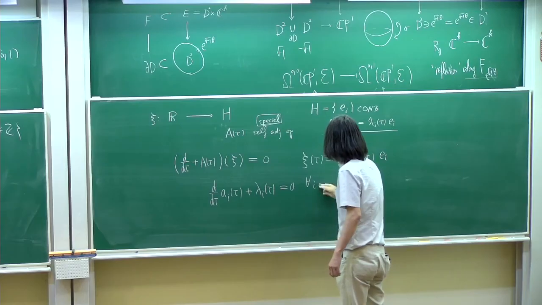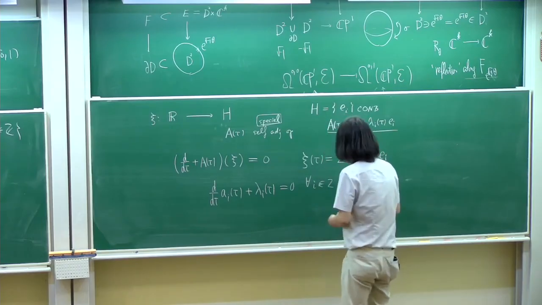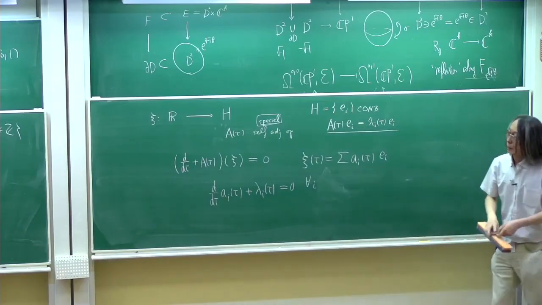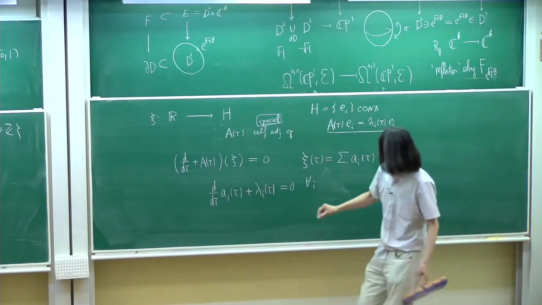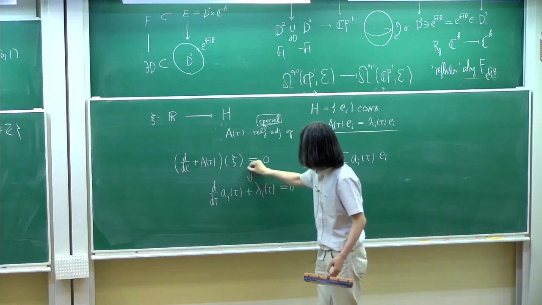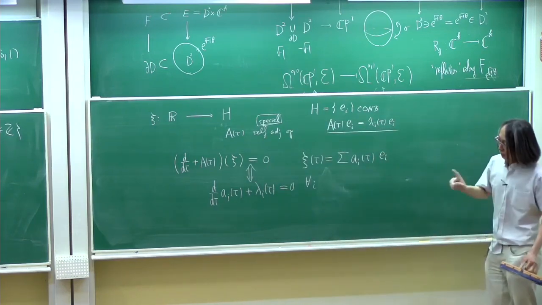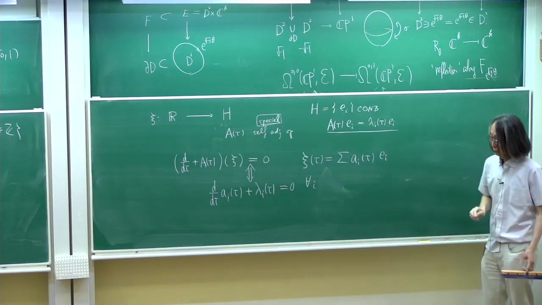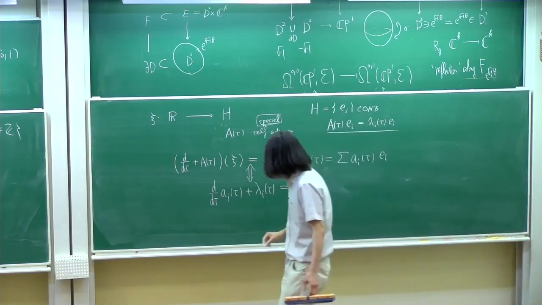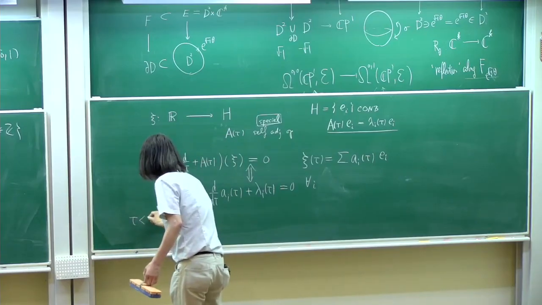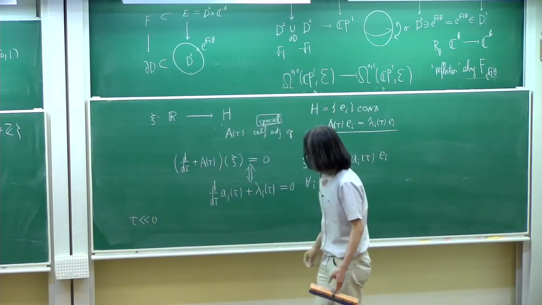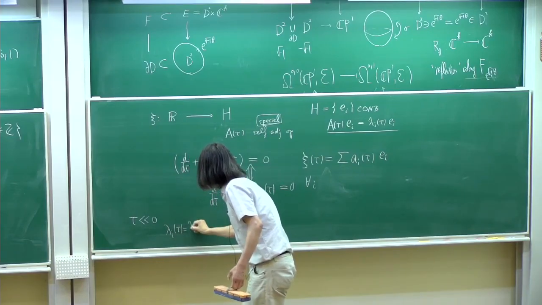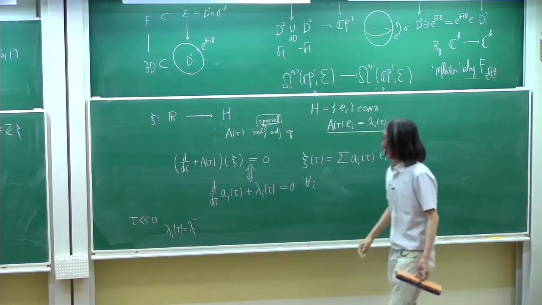Yeah. So this is an equation like this. And then this is just an ordinary differential equation. So therefore you can solve it, right? And if tau is sufficiently negative, then this lambda_i is just a constant, maybe lambda_i minus.